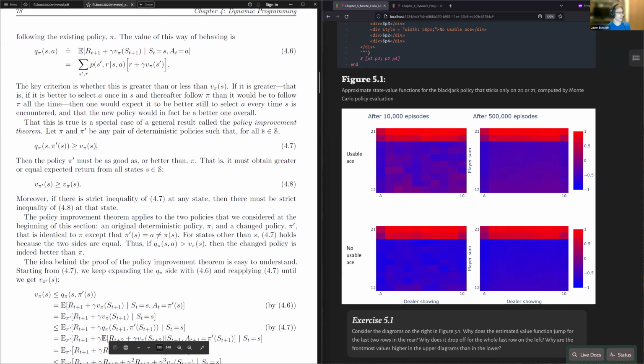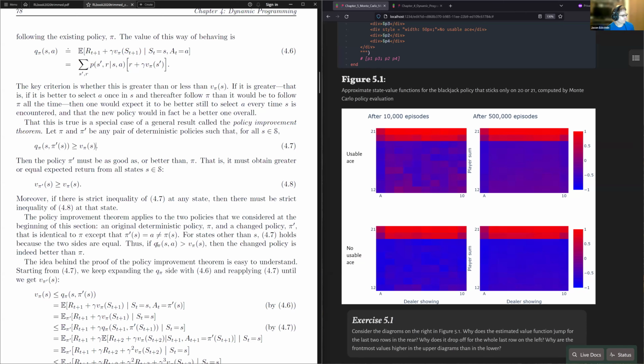So if we go to every state and make this change, then the hypothetical new policy that follows this maximizing action at every state has a value function superior to the old value function.